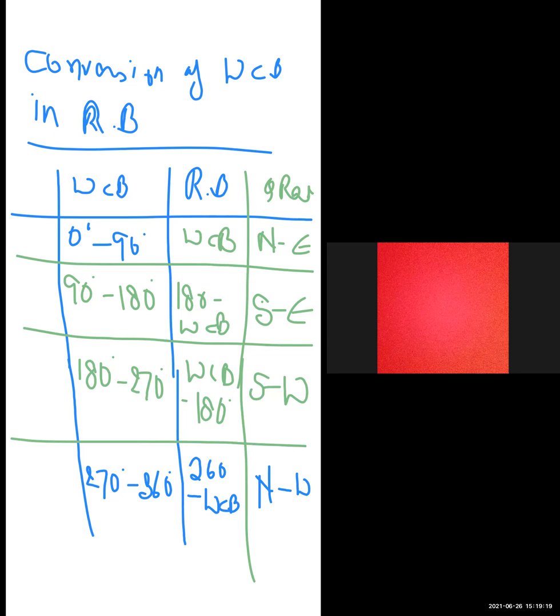This is the conversion of WCB to RB, that is whole circle bearing to reduced bearing. In this system, the bearing of a line is measured clockwise or anti-clockwise from the north or south direction, whichever is nearer to the line, towards east or west. The concept of reduced bearing facilitates computation in traverse surveying.